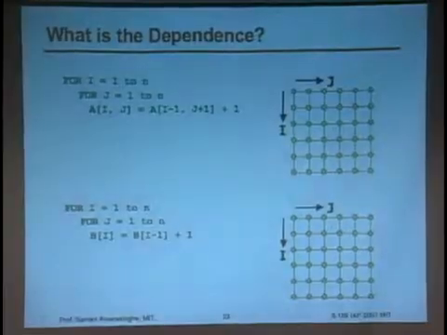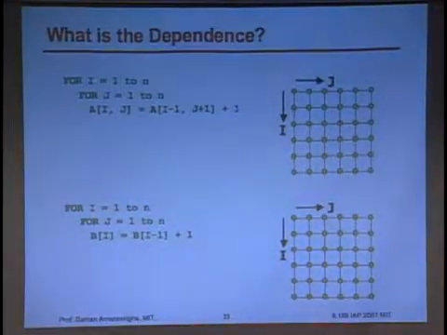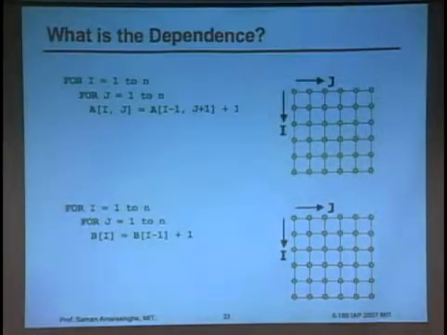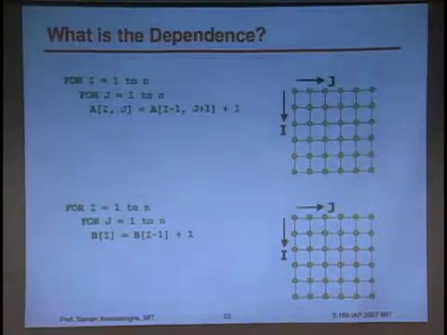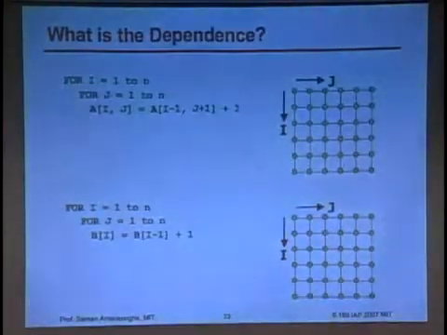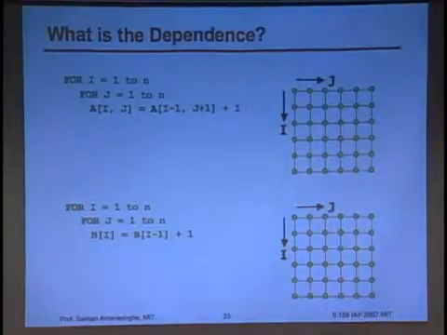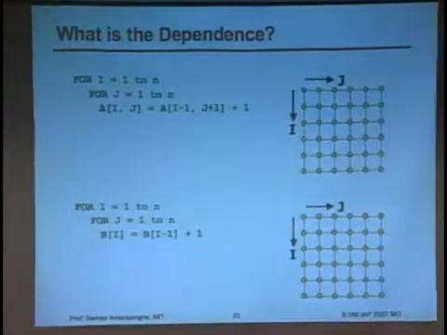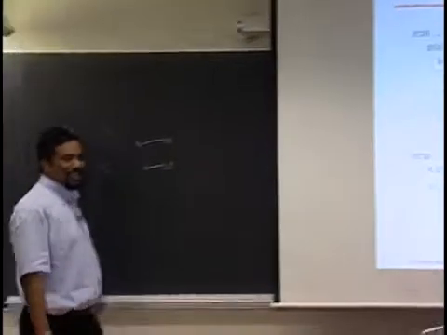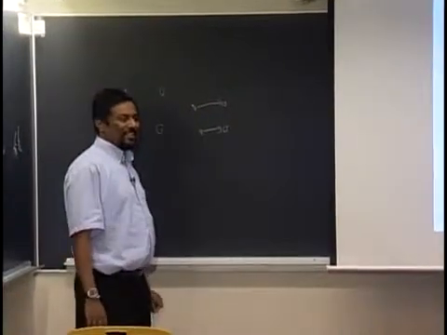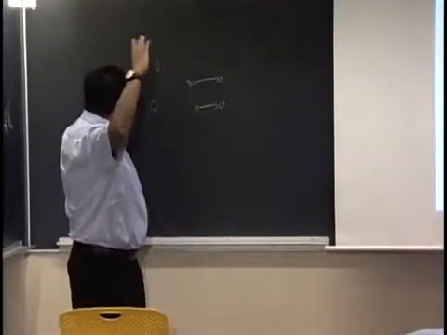Let's do something complicated. First one: i minus 1, j plus 1, which has to be diagonal. Which diagonal does it go to? This way or this way? Who says this way?